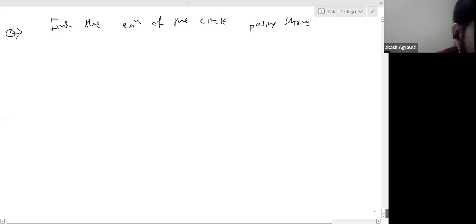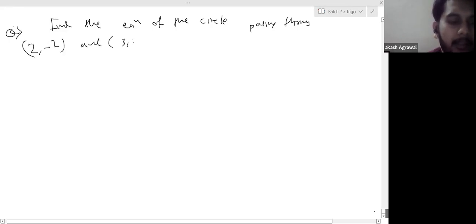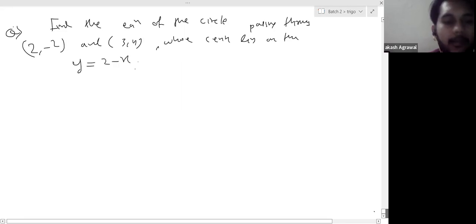If you had read the notes of circles, you would have solved this very easily. I have given you almost the same question in the class itself. Passing through (2, -2) and (3, 4), whose center lies on the line y is equal to 2 minus x, right? Yes.